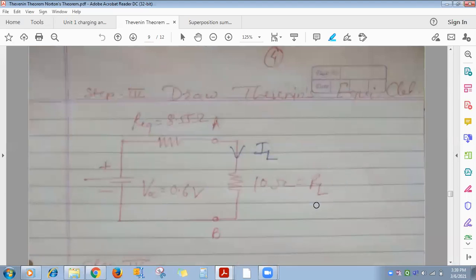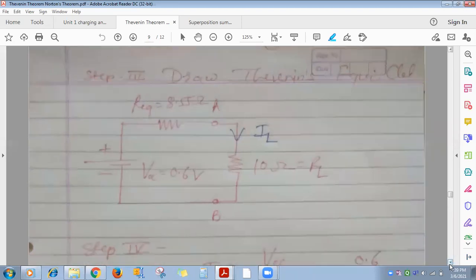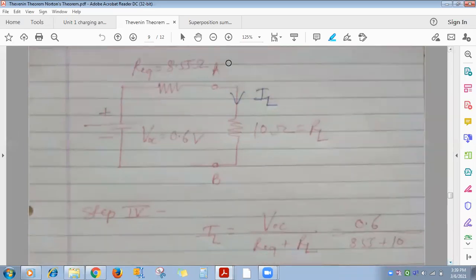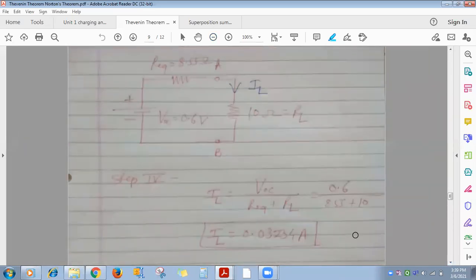Draw the circuit. Zero point zero three. Use Ohm's law here. Circuit everyone plotted, Thevenin's equivalent circuit. See the answer, check here everyone on screen.